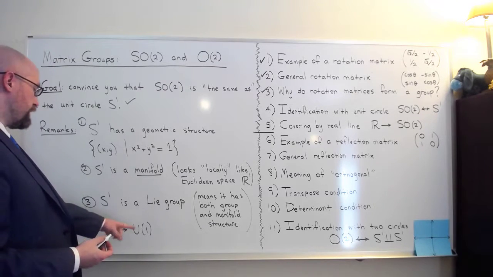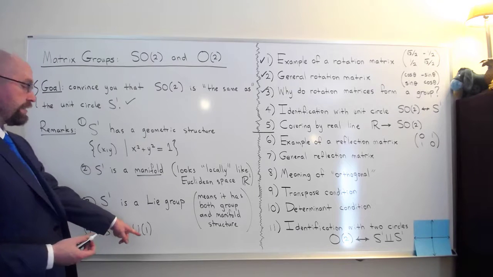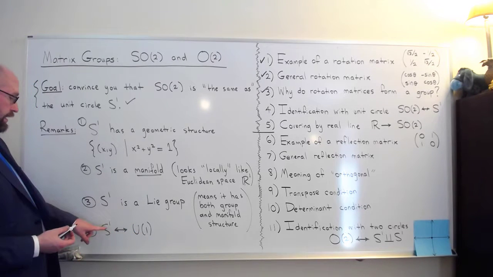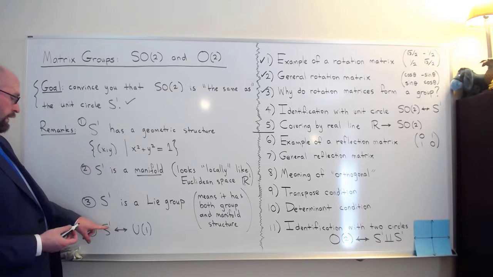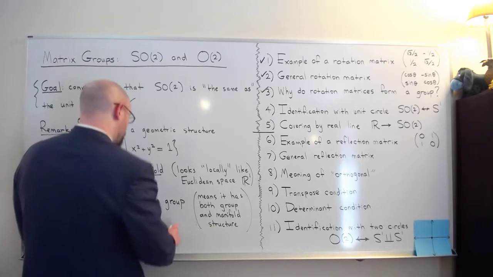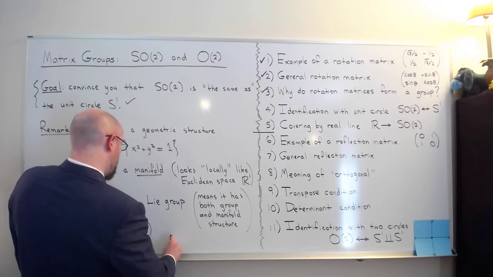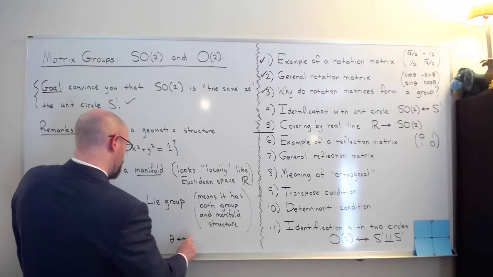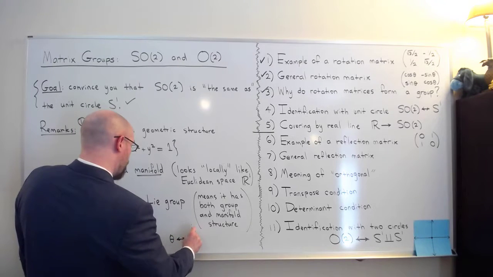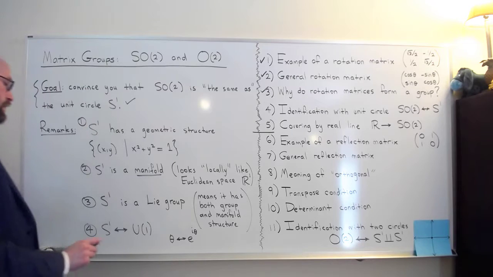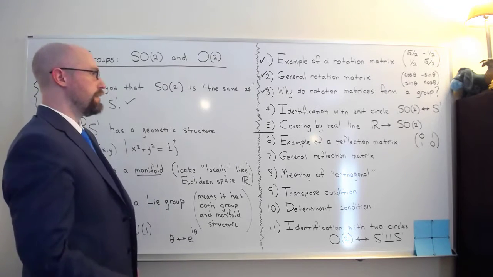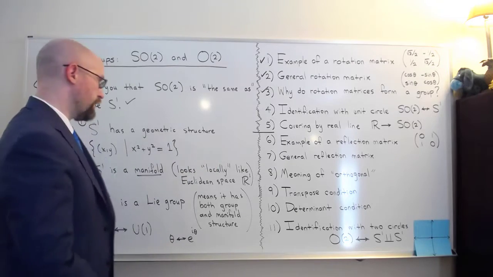This is another way, using complex numbers, of understanding the circle. And this is essentially what you're doing, looking at theta and comparing this to e to the i theta. We'll actually talk about this idea a little bit in the next video.